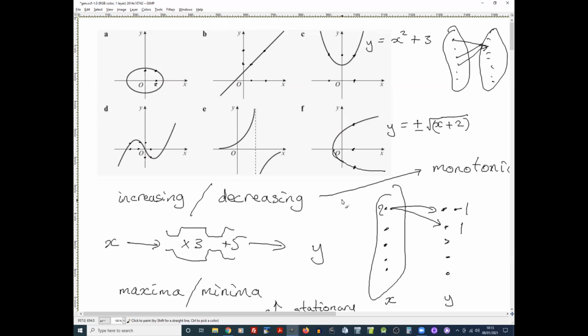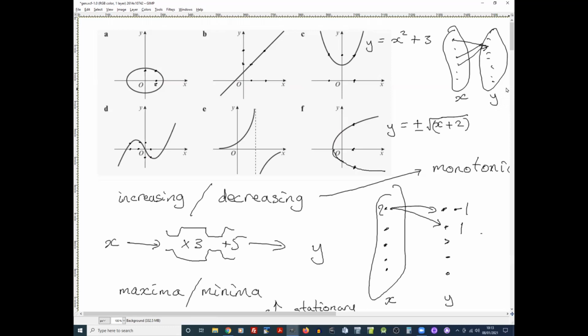Which ones are many to one? Well, it's always inputs to outputs. So many inputs X to one output Y would be which graphs?